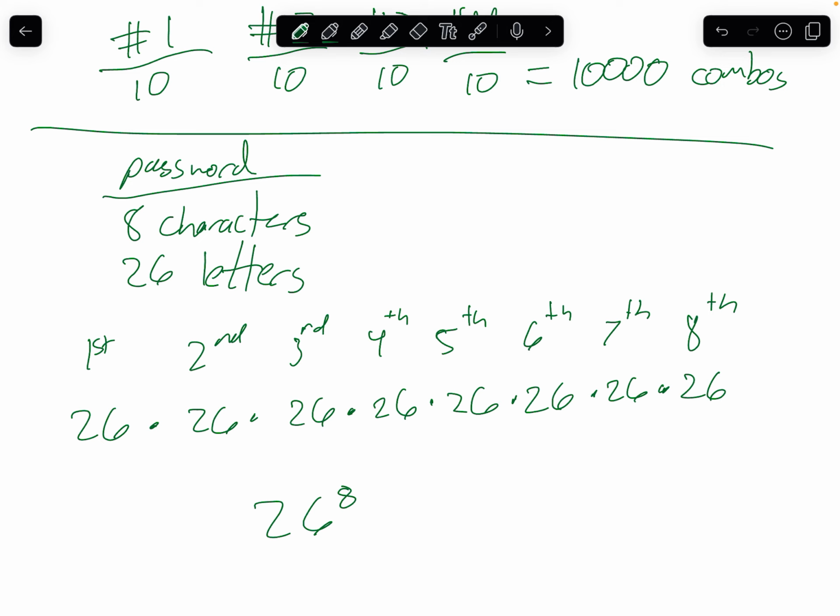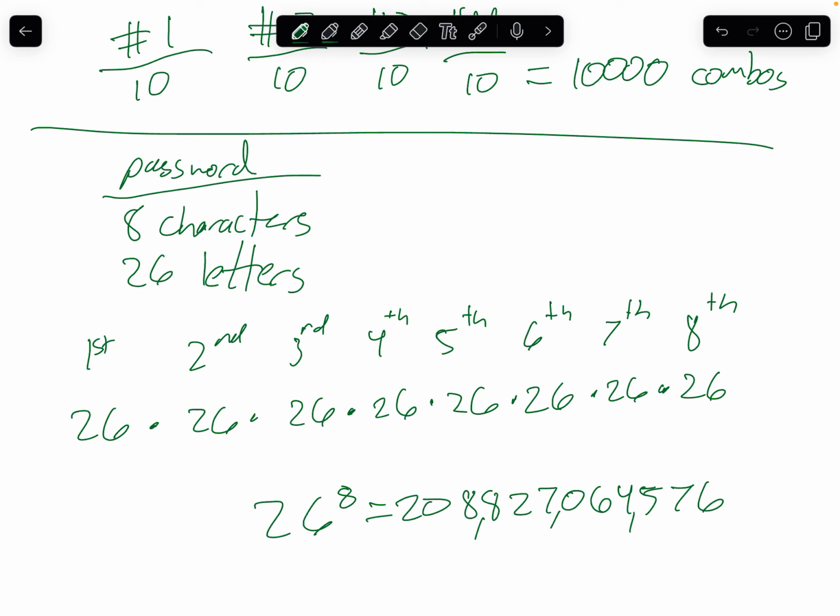Okay. Which is 208,827,064,576 combinations.